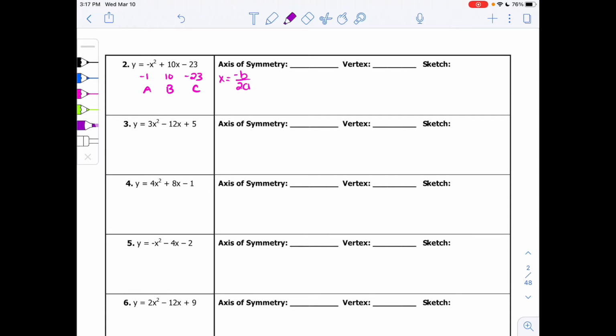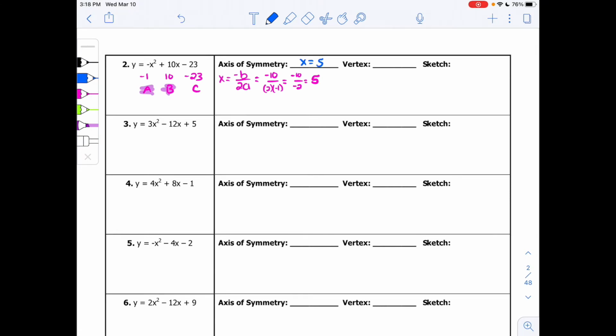So we replace b with negative 10 over 2 times negative 1, replacing a with the negative 1. That's going to be negative 10 over negative 2. A negative divided by a negative is a positive, and 10 divided by 2 is 5. So our axis of symmetry is x equals 5.